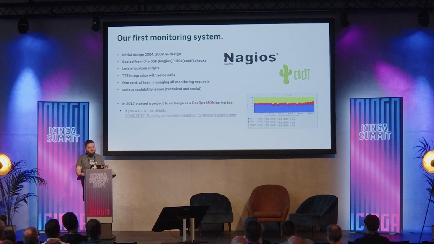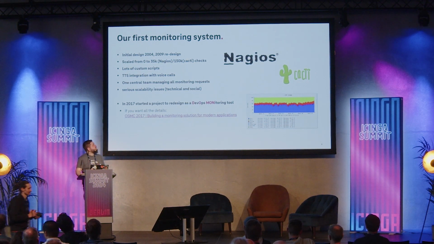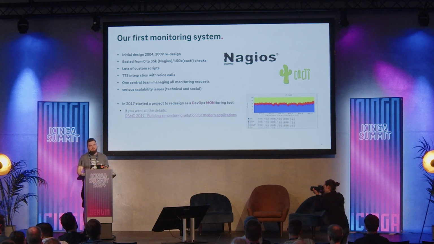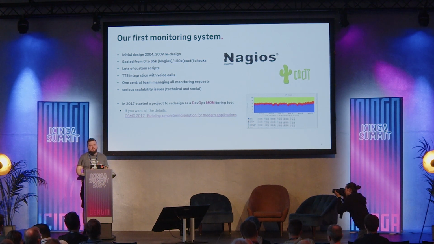It's had its time. Well, it's okay in the new version if you do some special stuff, especially with networking, but not with applications and stuff. It gets really, really tricky. So what we did, we basically run this monitoring system over more than 13 years, I think, steadily growing, steadily outgrowing everything we had.